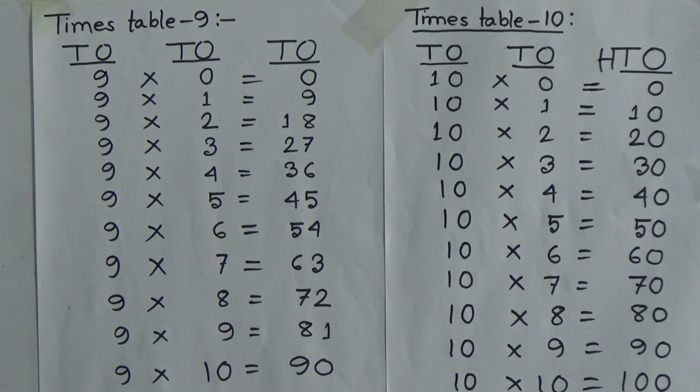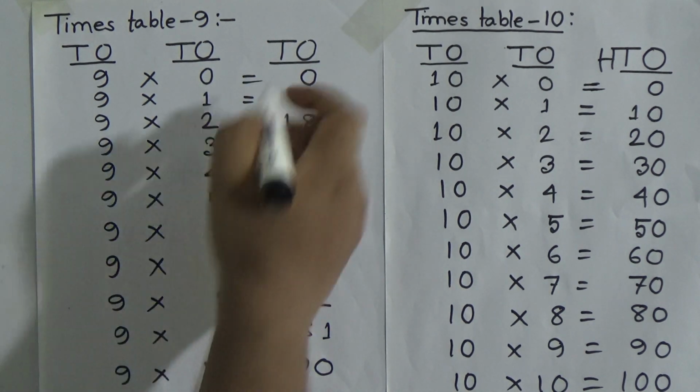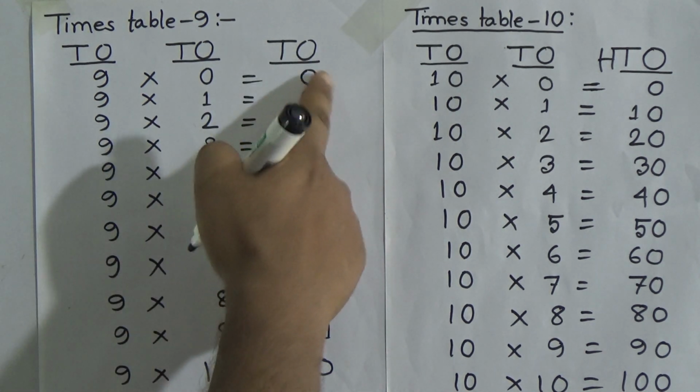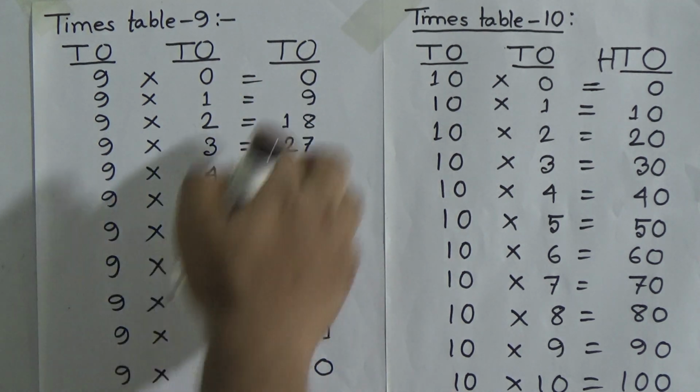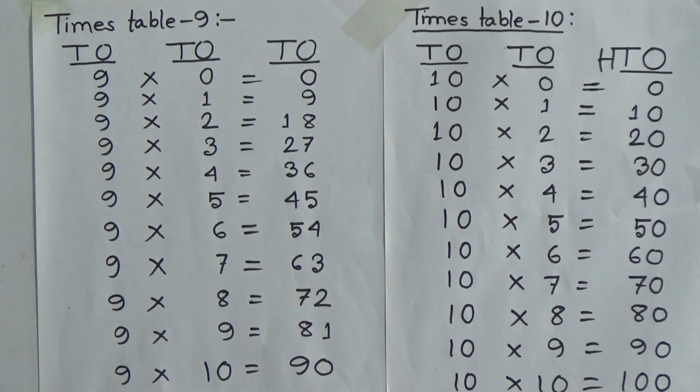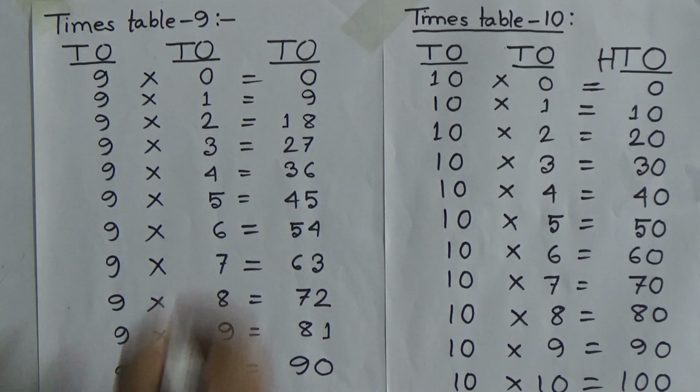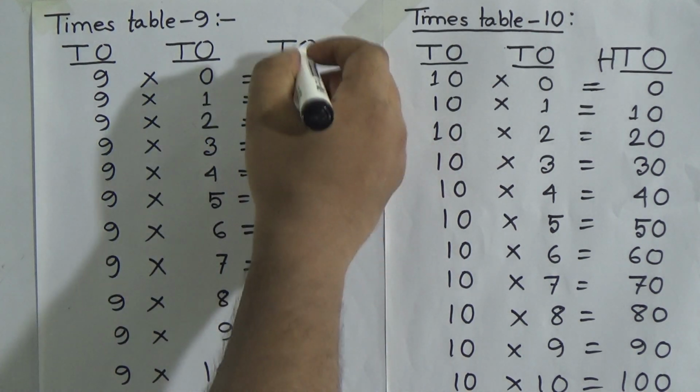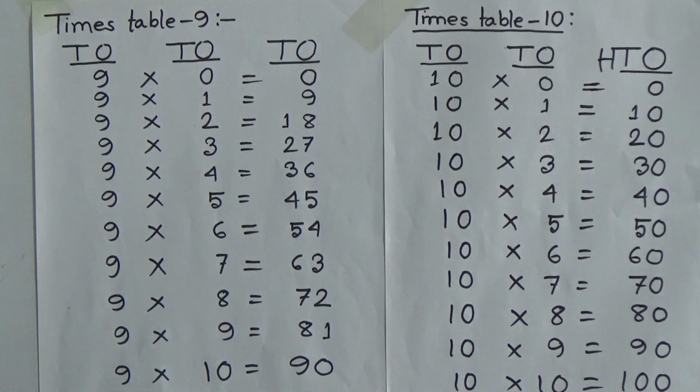Next, in the gap box we write the equal sign. In every line we write the equal sign. Next, 09 is a single digit, for this reason we write this in ones place. And 18, 8 is in ones place and 1 is in tens place. Similarly you write the times table in your exercise copy.